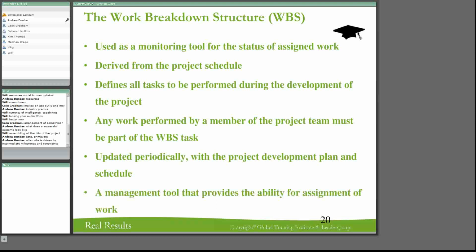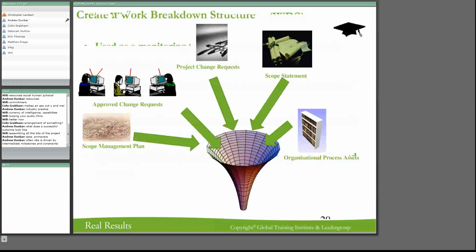Now, let me get on to the next one. All right, let's create a work breakdown structure. To create it, we've got the scope management plan, which is going to give us the scope statement, the project change request, and the organizational assets.